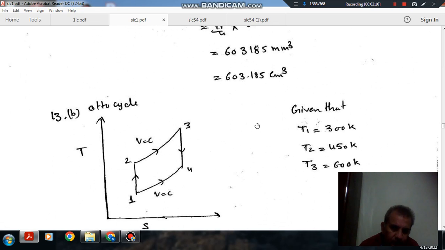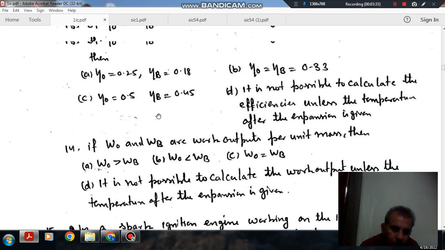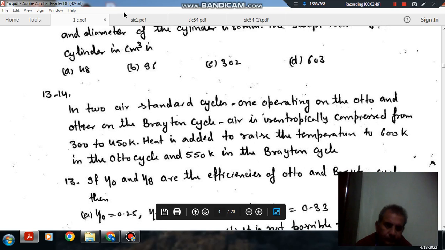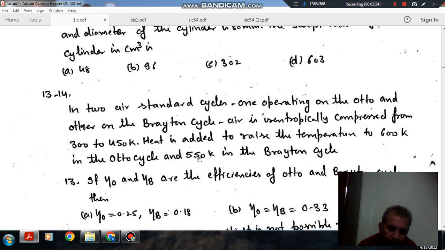The temperatures of the Otto cycle are given: the minimum temperature is 300, the temperature after compression is 450, and the temperature after heat addition is 600 for the Otto cycle and 500 for the Brayton cycle.